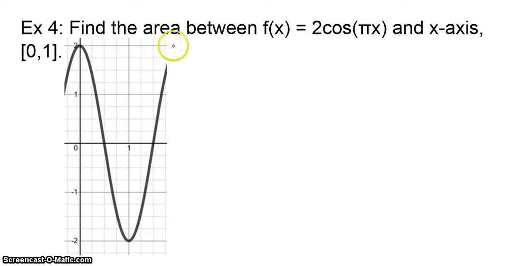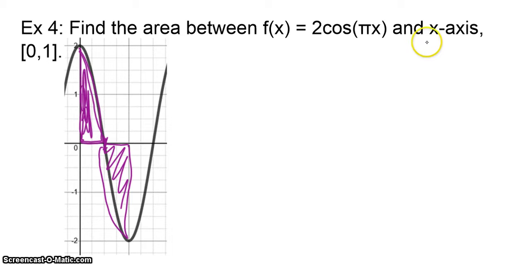So again, this time it's the area between. So again, positive area, negative area. So we're going to add that part. So, what's that?